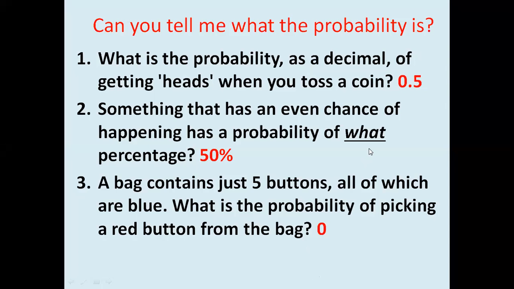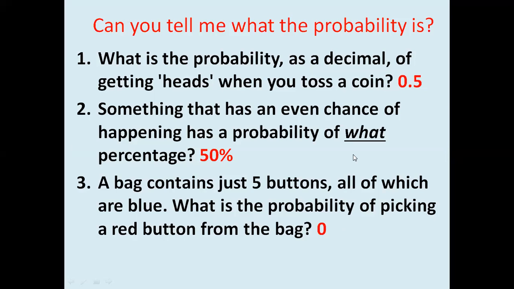So in the last one we can't write impossible, right? No. What's the probability? It should be 0 or 0%. Not impossible. Impossible is the possibility of getting a red button, which is impossible to happen. Okay? Thank you.